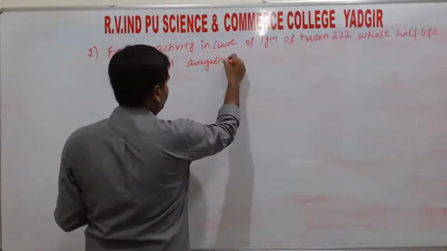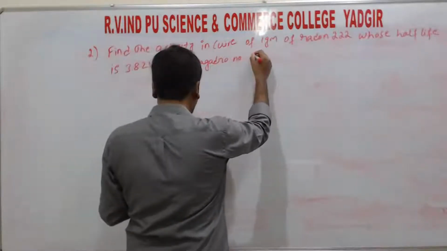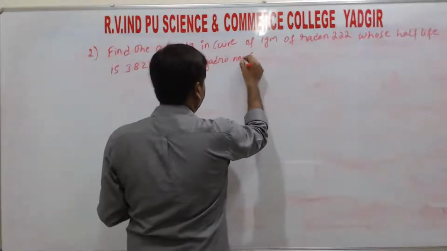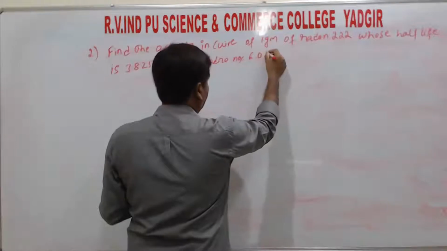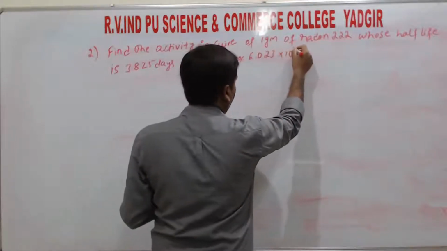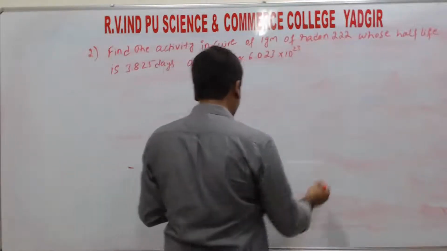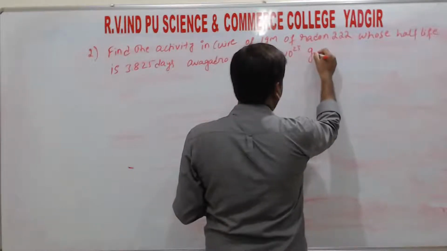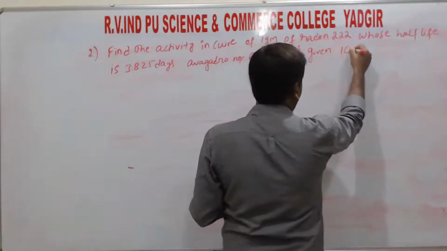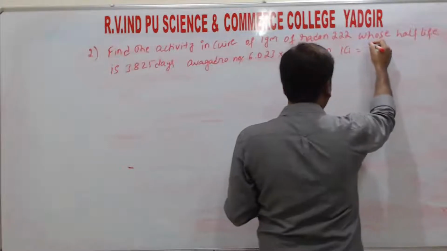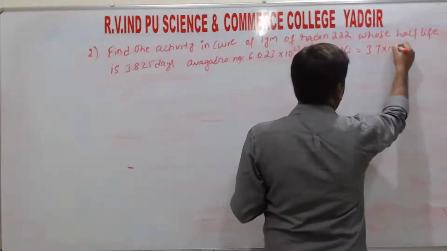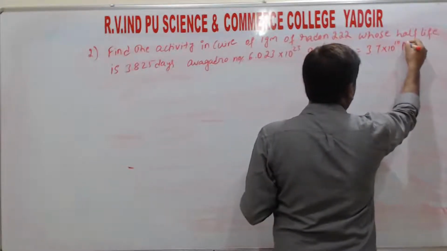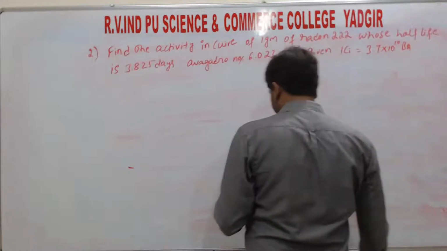Avogadro number 6.023 into 10 to the power of 23 is given. 1 curie is equal to 3.7 into 10 to the power of 10 becquerel.